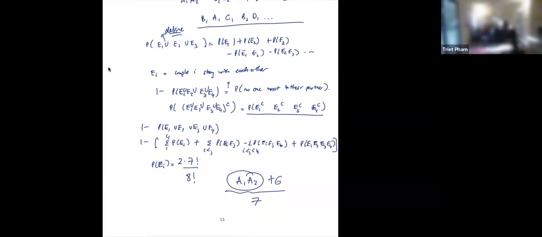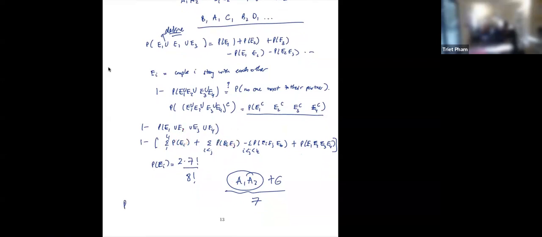How many are left? Six more. So plus six, in total there are seven units that move around. So that's 7 factorial. There's a 2 because couple A can switch among themselves. So it's 2 times 7 factorial. All right. So that's P(E_i).